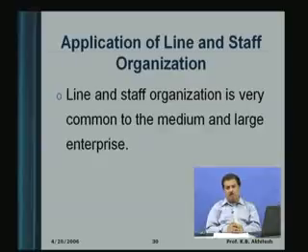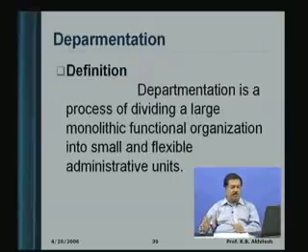But it is very common in medium and large enterprises, and typically 80 to 90% of organizations represent even today the line and staff organization. We also see this contributing to many other forms of organization.